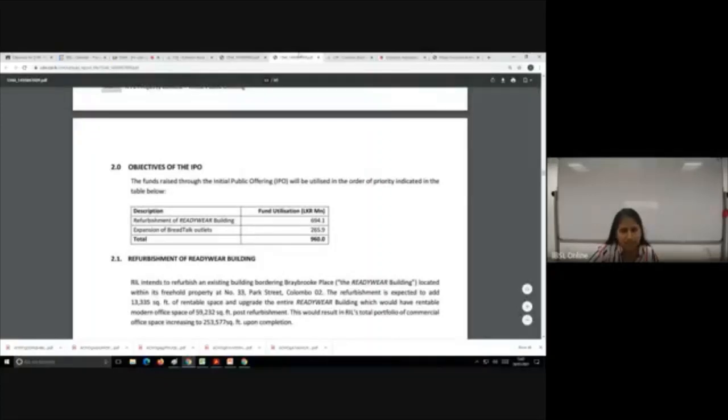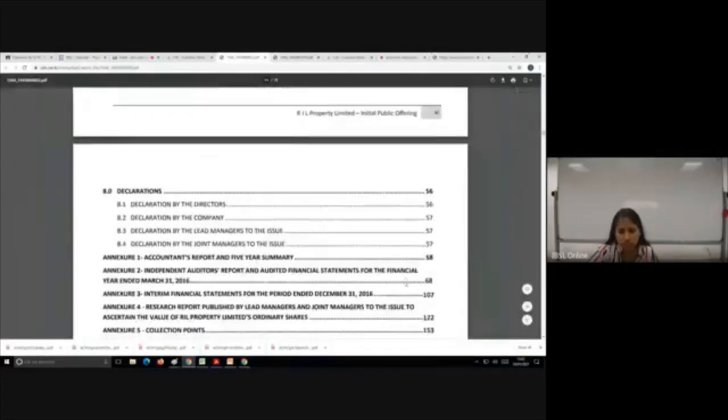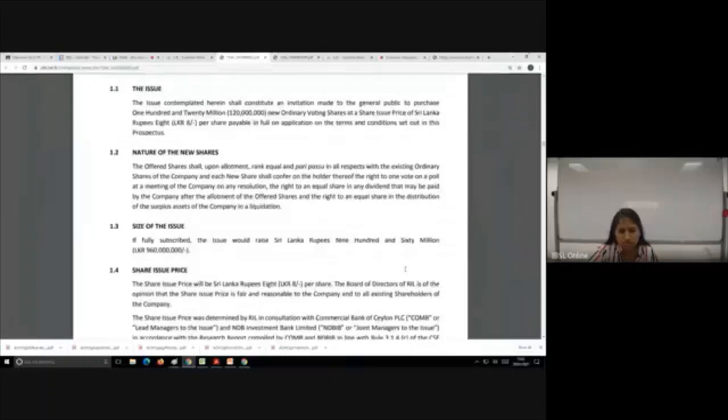Let's see how much their fund issue amount was. They are going for the entire fund issue.